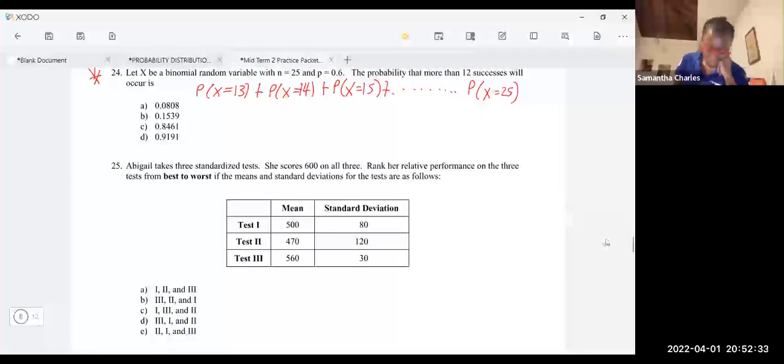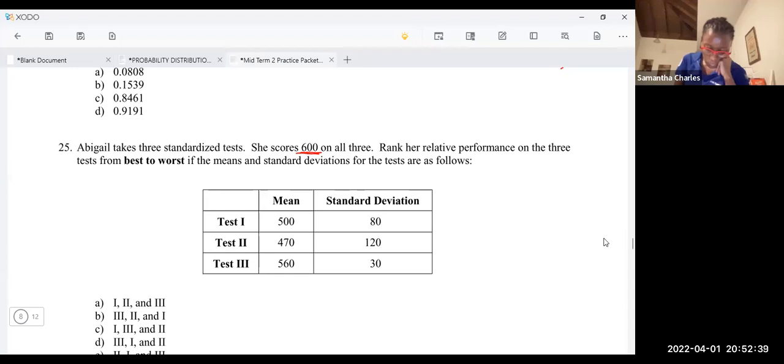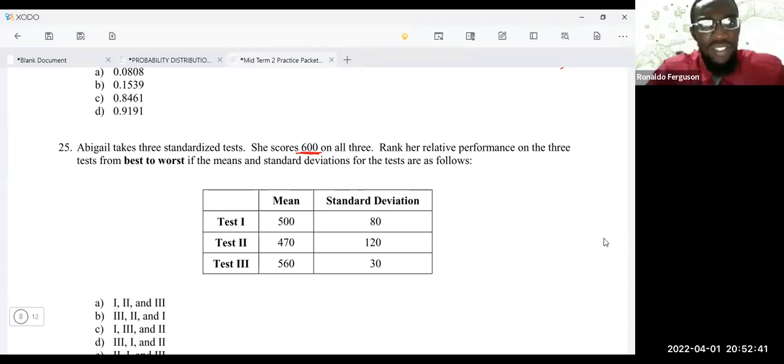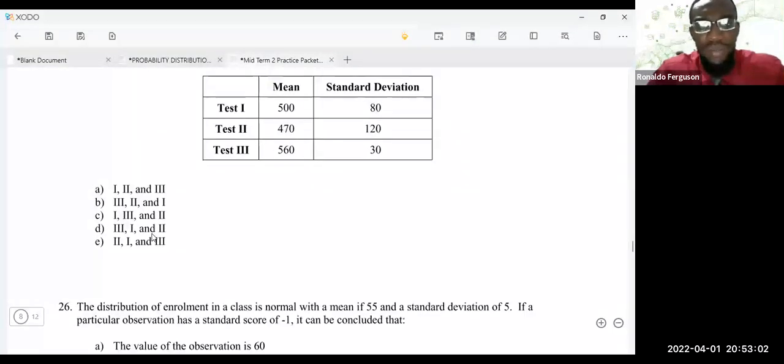Look how they said she scored 600 on all 3. So her scores were 600. Oh, okay, all right. So this is normal distribution.